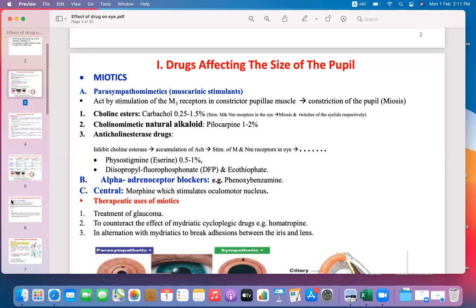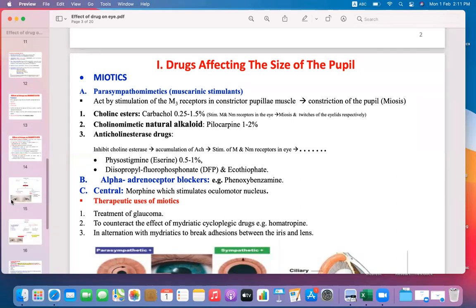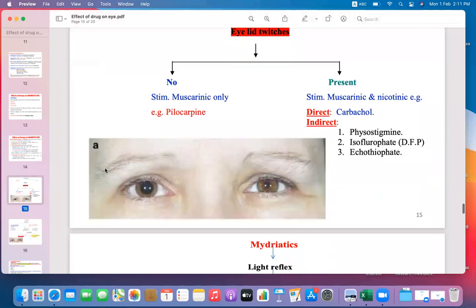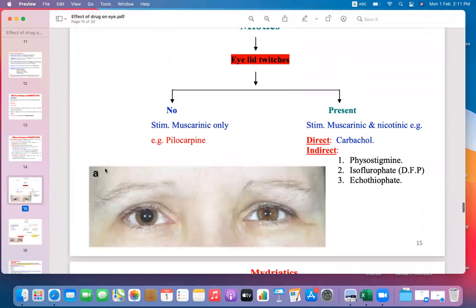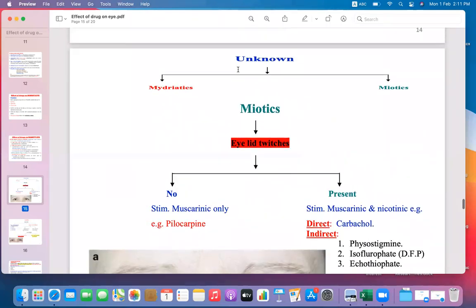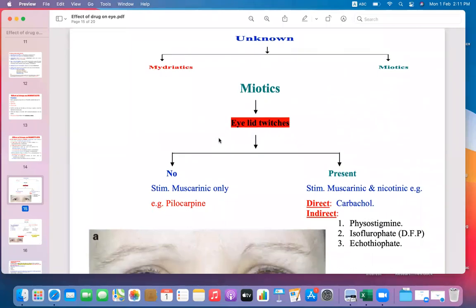I will show you an experiment here. If you see the pupil size in this figure, it is decreased, it is meiosis, and here the pupil size is increased, it is mydriasis. Now, miotics unknown, we are giving unknown drugs.